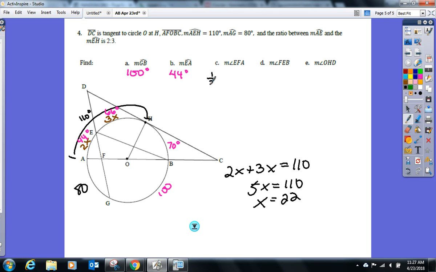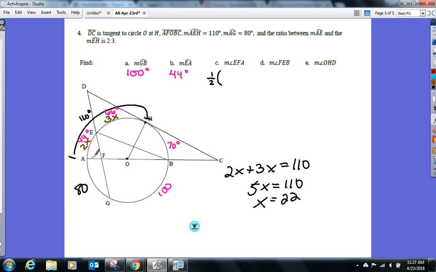I take half of, everyone look at EFA. What arc is created by EFA? Which is how big? 44 degrees plus its vertical angle's arc. Here's EFA. I look at its vertical angle, which is here. The arc that this angle makes is 100.